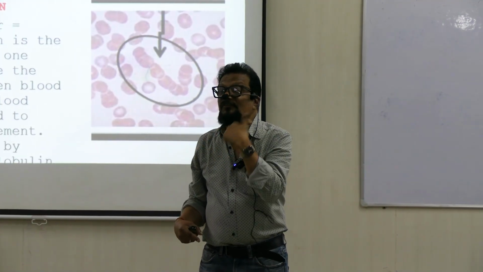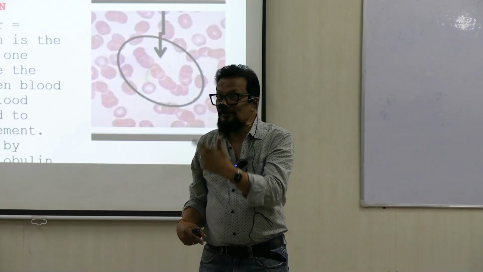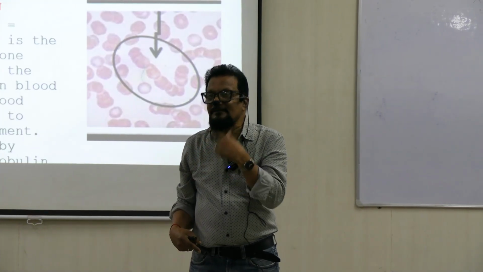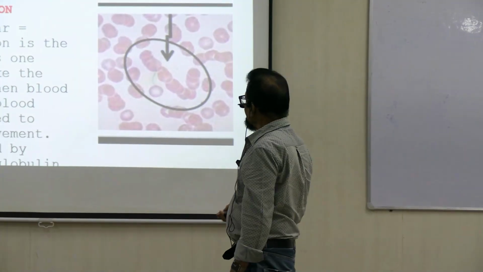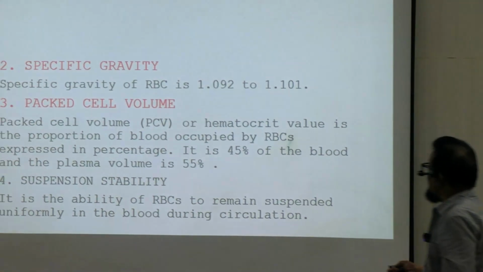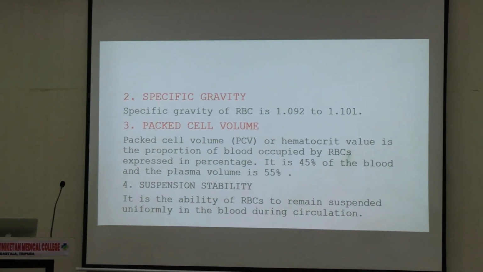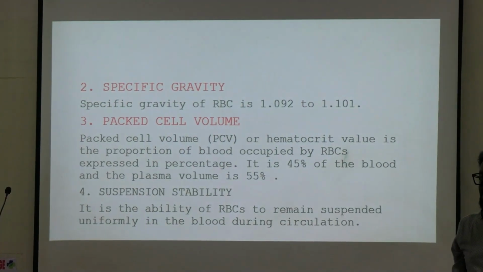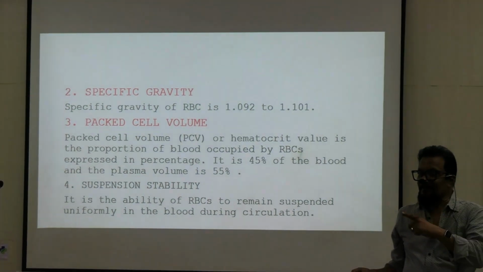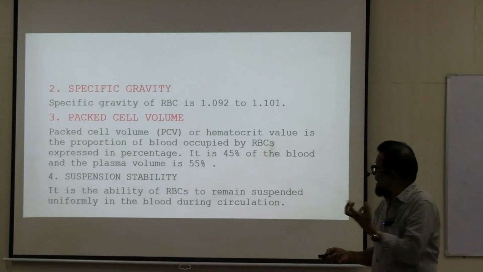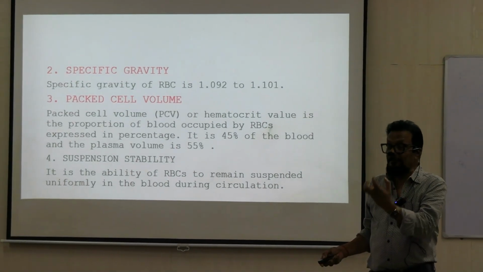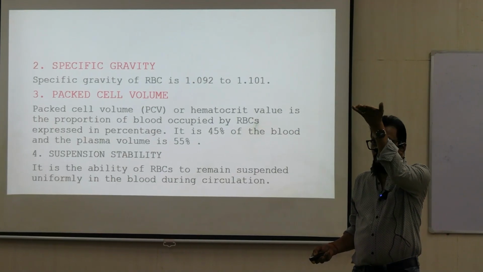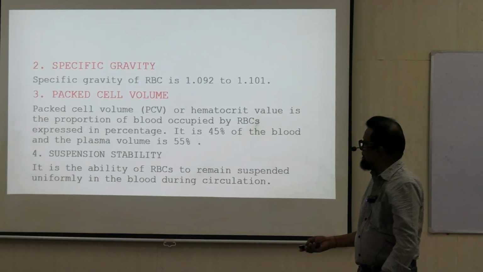So ESR will be fast; erythrocyte sedimentation will be faster. We call it increased ESR. Because of fibrinogen, the RBCs can maintain their suspension ability; when fibrinogen and globulin content is high, they settle down.